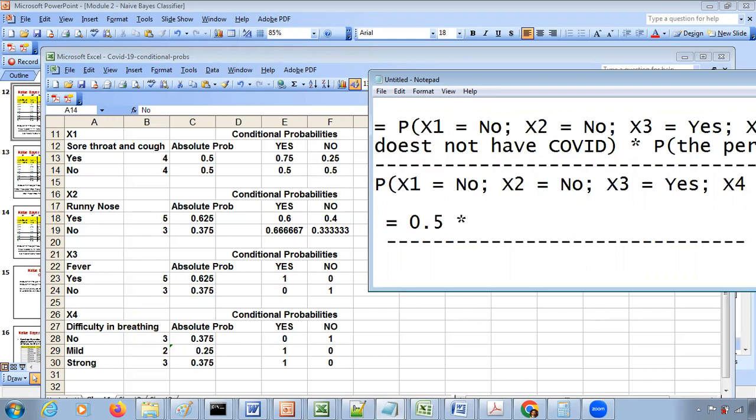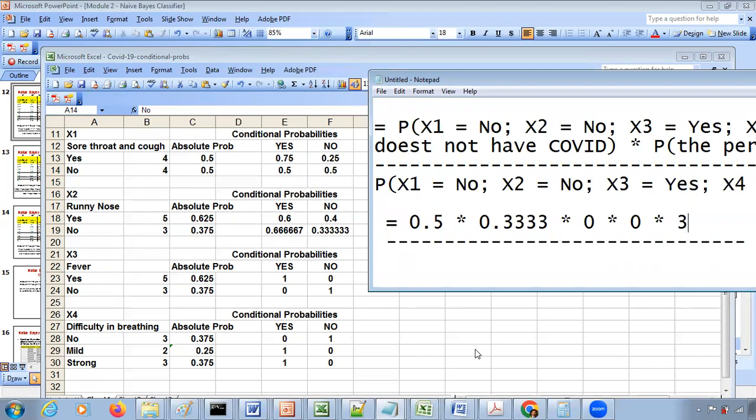Class no, x2 equals no as well. So it's going to be 0.333. And class no, x3 equals S is going to be actually 0, and class no, x4 equals strong is also 0, times the probability of class no to be observed.